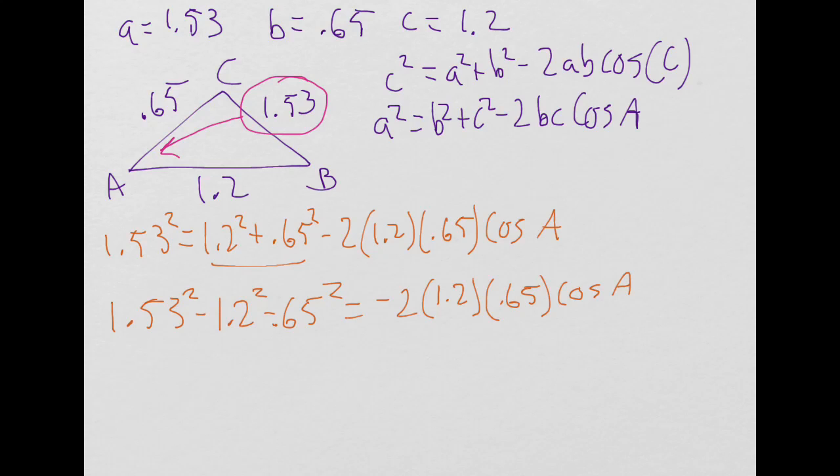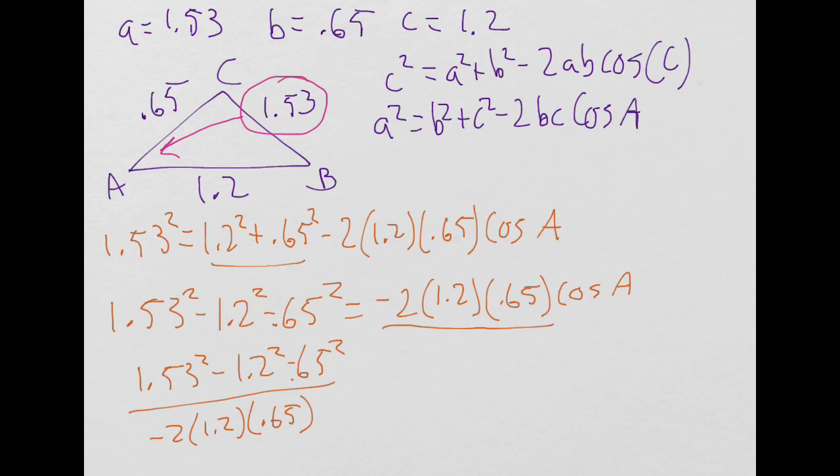So let's get the cosine of A by itself. To do that, we're going to divide both sides by that whole lot there. So we're going to get 1.53 squared minus 1.2 squared minus 0.65 squared, divided by negative 2 times 1.2 times 0.65, and that's going to equal the cosine of A. So if I want A, I need to take the inverse cosine of all of that.